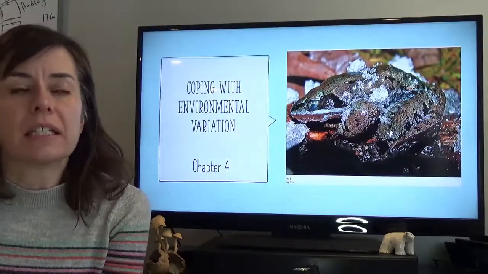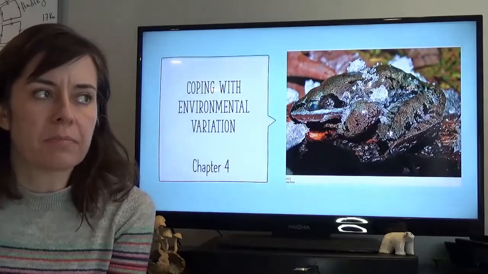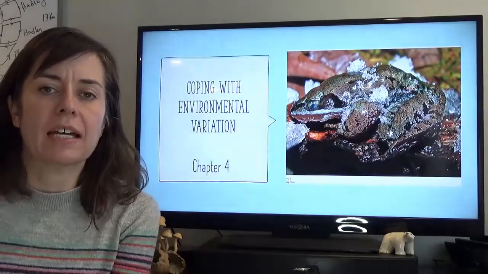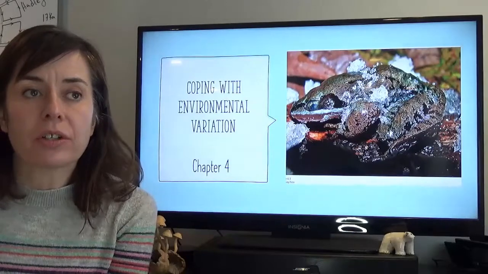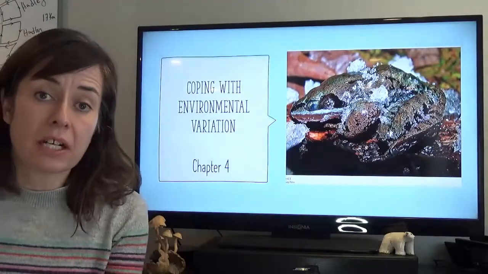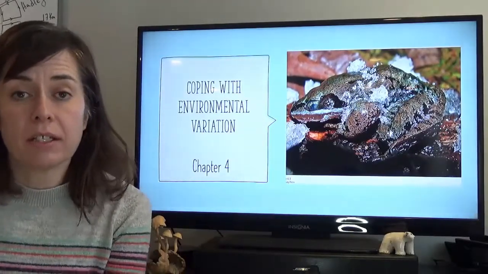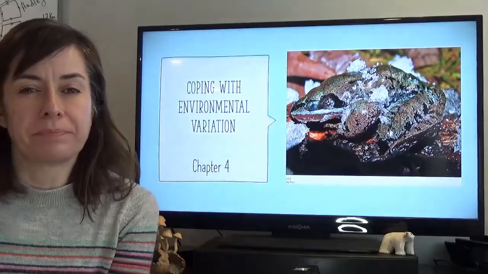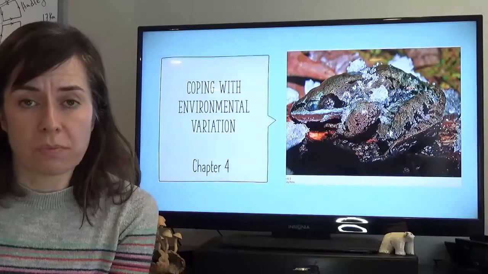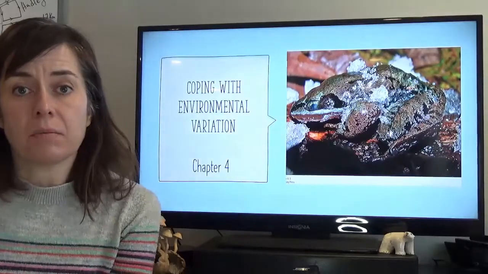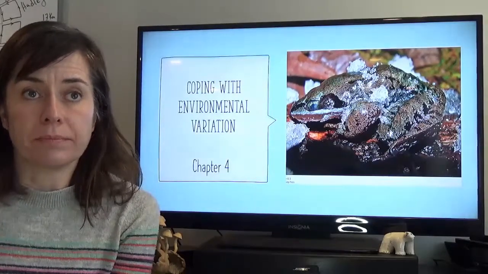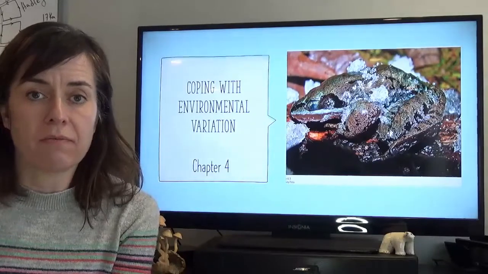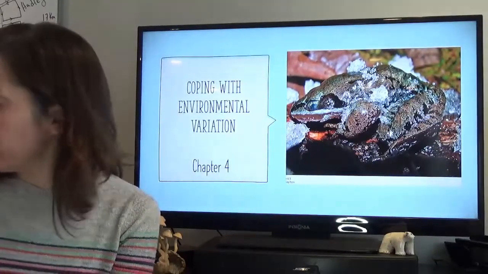So in the last couple of lectures, we've been looking at environmental gradients at the planetary scale, the global scale, and the implications of those gradients for the distribution of biomes, which are largely characterized by the dominant vegetation types.